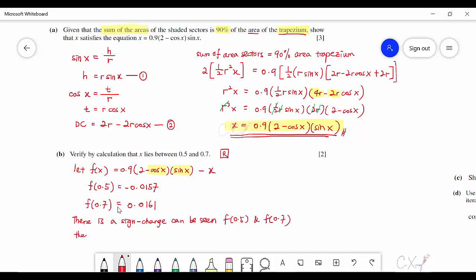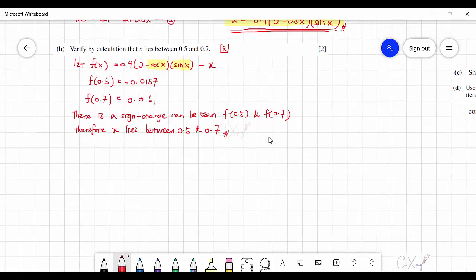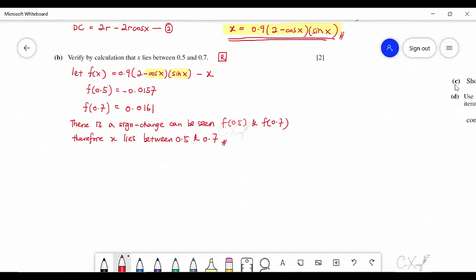Therefore, the value of x lies between 0.5 and 0.7. So this is how we solve question number 2, part B. Then maybe we can go further for part number C.